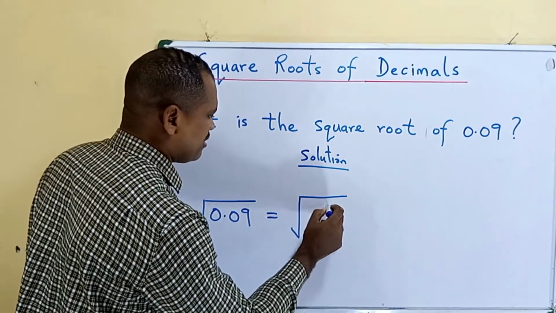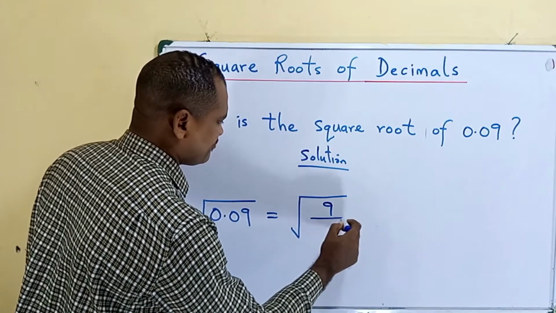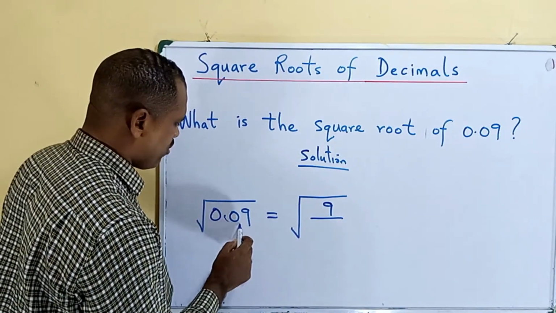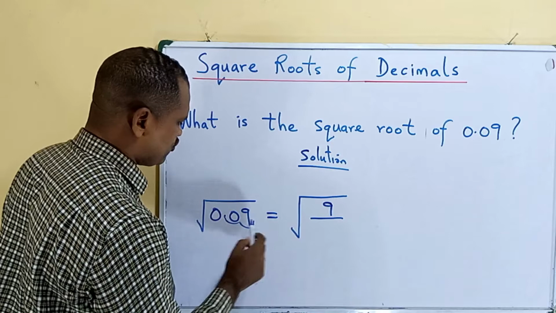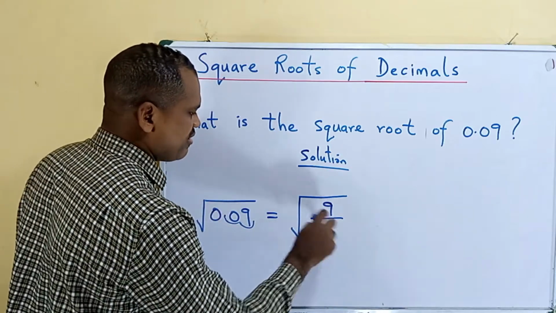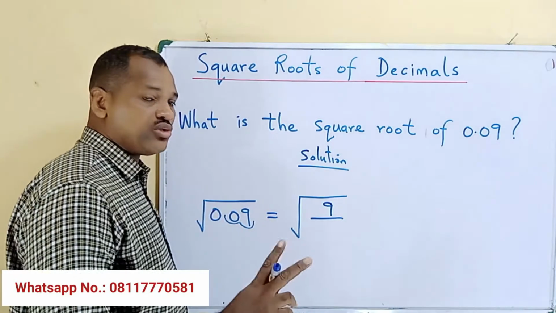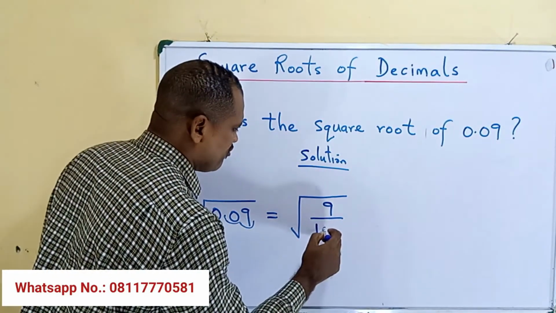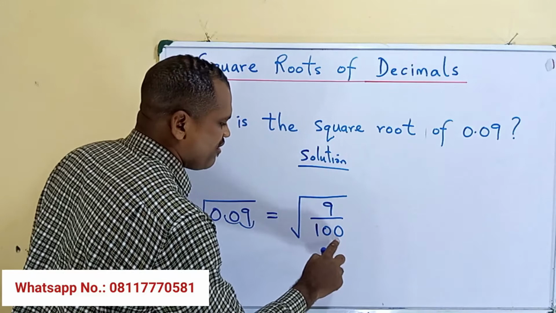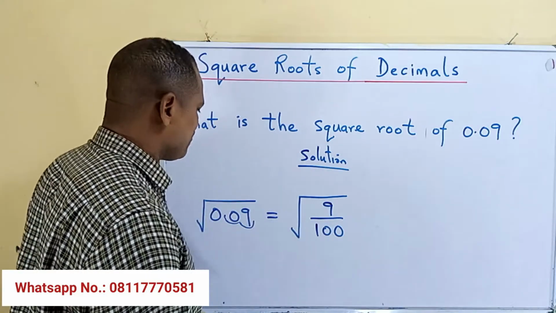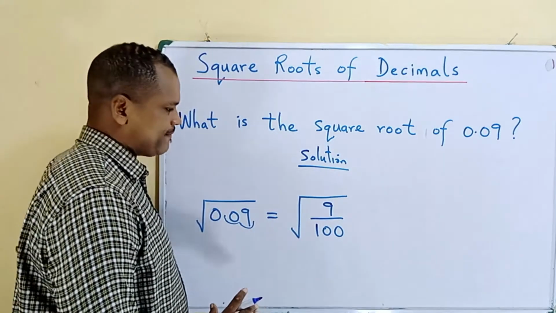That will be 9. The decimal point is now here. So 9. Because you moved the decimal point 2 times, of course, here will be 100, having 2 zeros. So this is the first step.